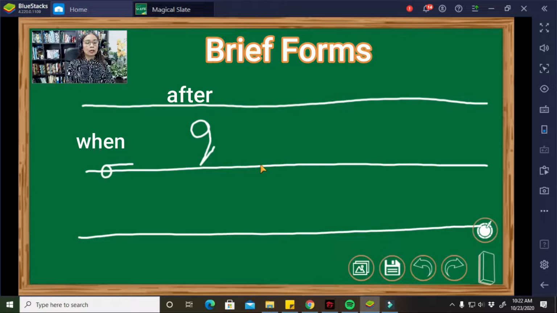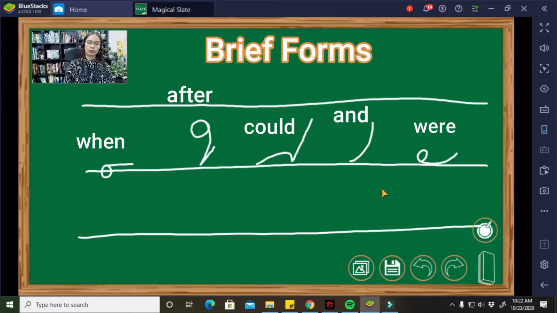Now, for this symbol, K and D, that is could. For the ND blend, it's end. For the E and R, it's were. Then we have the downward symbol ish and upward straight line D, that is should.